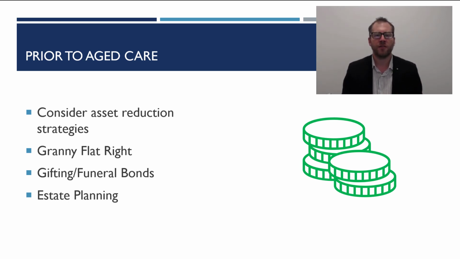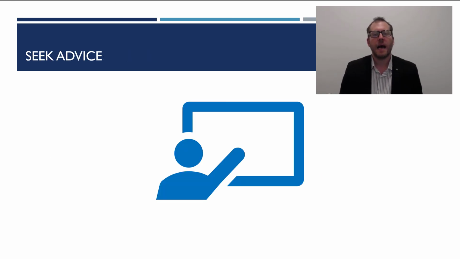So we can transfer a large, lumpy, accessible asset through to the next generation, bypassing the surviving spouse, and that may mean they'll pay less in aged care fees in the future. You've got to pay particular attention to those estate planning strategies, and we've got to be mindful that estate planning wishes are met, because there can be a lot of confusion and a lot of potential arguments amongst the family group if everyone's not on board in those circumstances. The best option you've got is to seek advice.